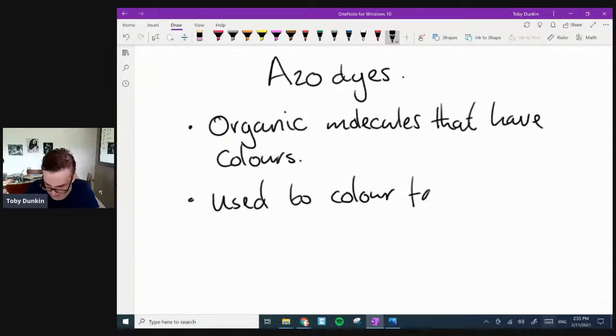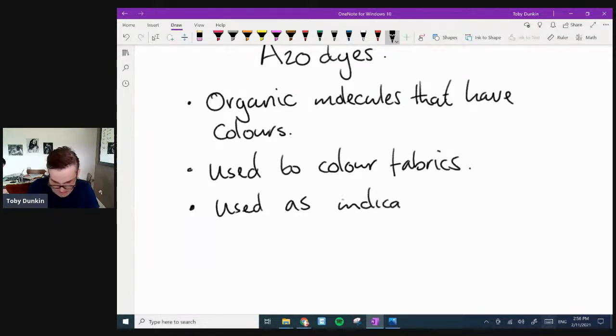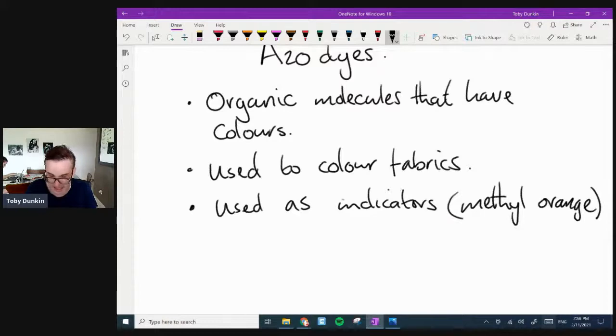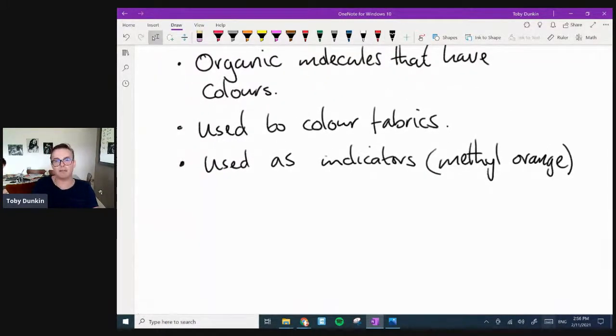They're also used as indicators. The main one is methyl orange. Methyl orange is an azo dye. Isn't that amazing? Are they used as food colorings?